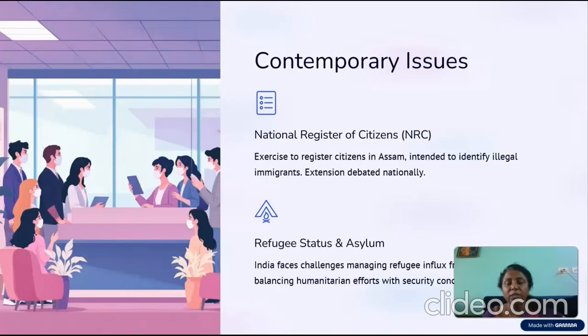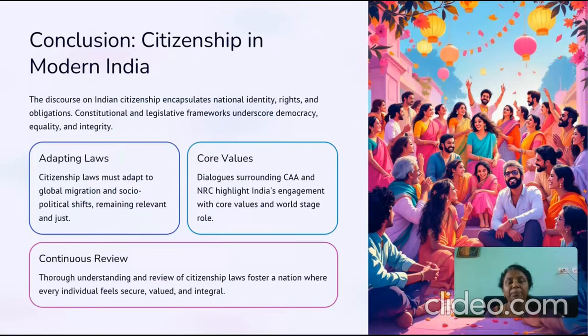This is an exercise to register citizens in Assam, with the intention of identifying illegal immigrants and not letting them enter our country. This also has a lot of debate and arguments. So these are the two issues that we are facing on citizenship.